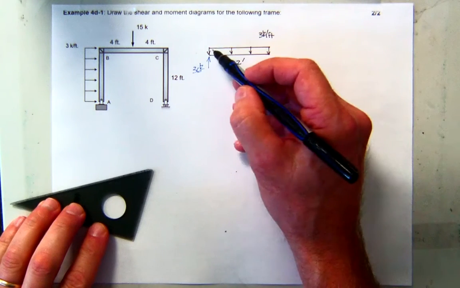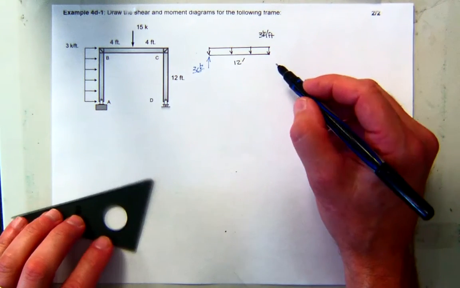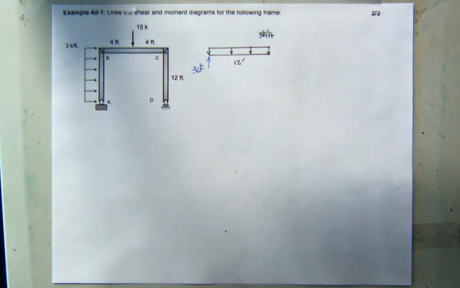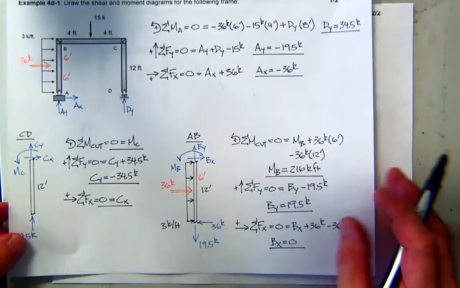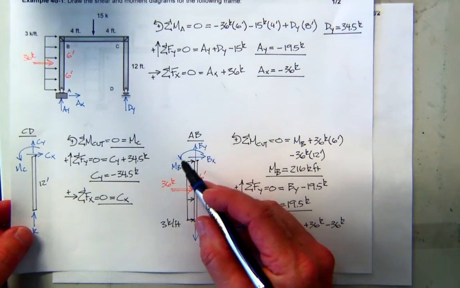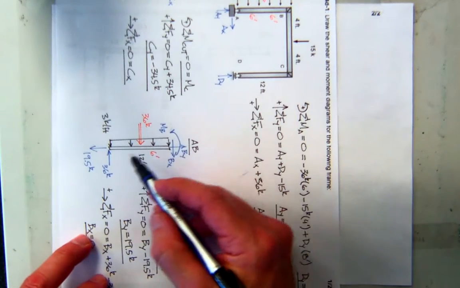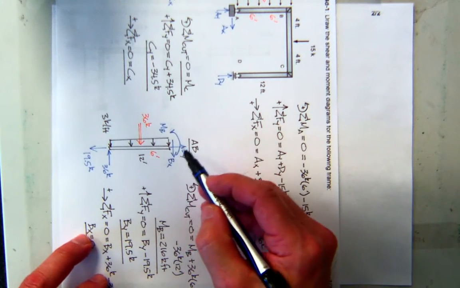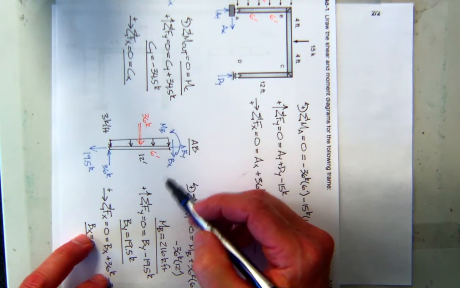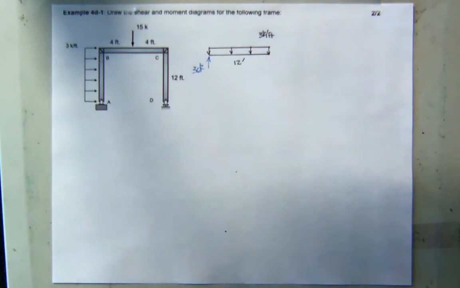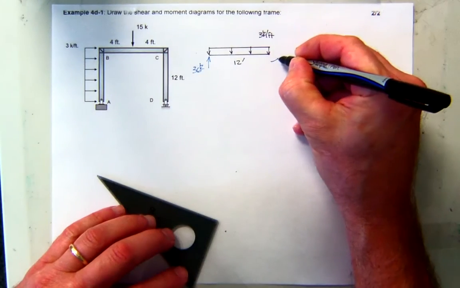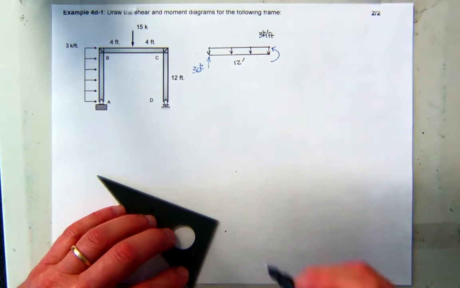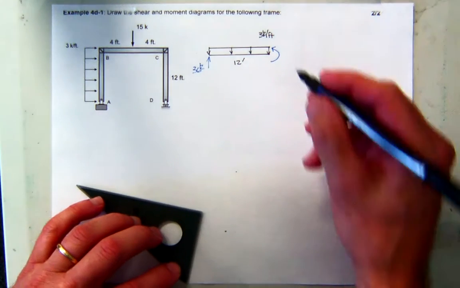We had no moment at A, but we did calculate a moment at B. Right? And it was in this direction, it was positive. So again, if I rotate it, you can see now if I'm drawing my beam in this direction, what kind of bending moment would that be? Positive. So that means I know I'm going to have a positive bending moment at this end equal to 216.